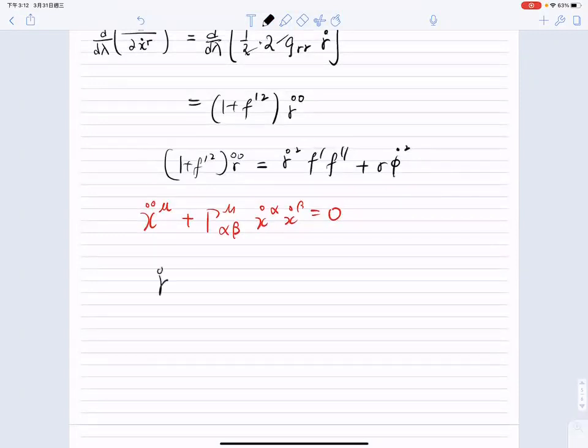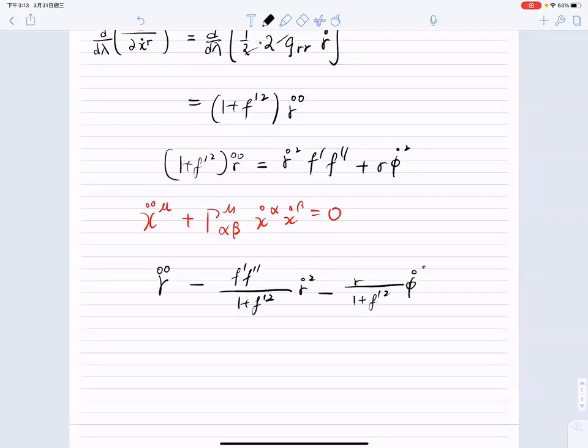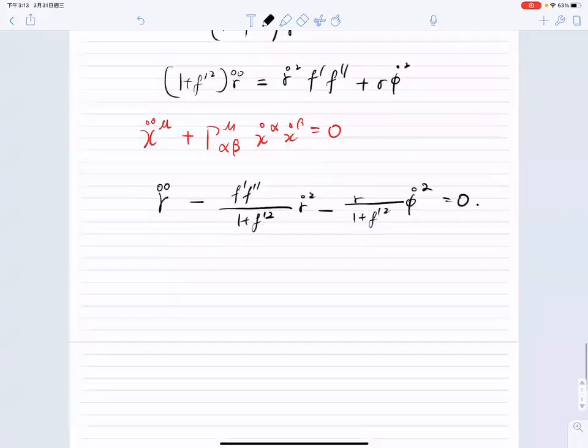we just want the whole equation divided by the bracket 1 plus f prime squared here, and compare with the geodesic equation.